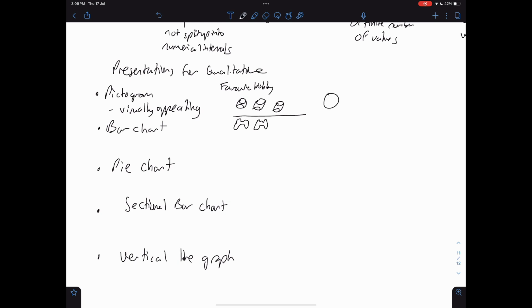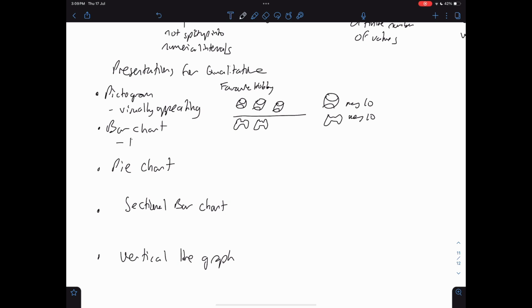You could have a key that means 10. So you interviewed 50 people, 30 said tennis, and 20 said gaming. Could be what that means.